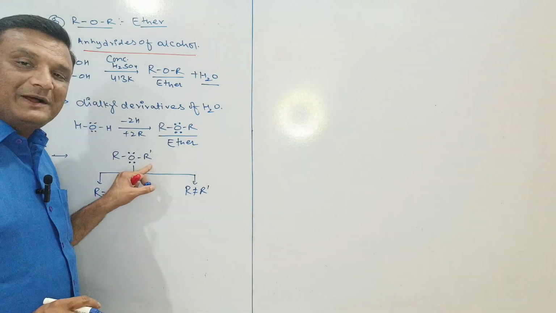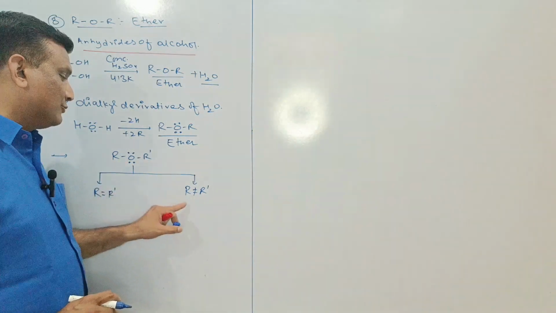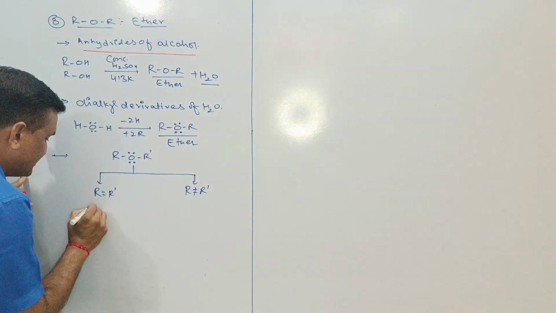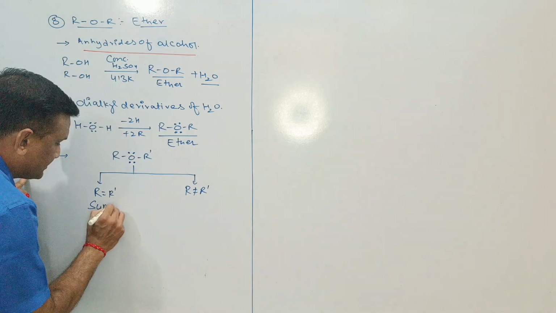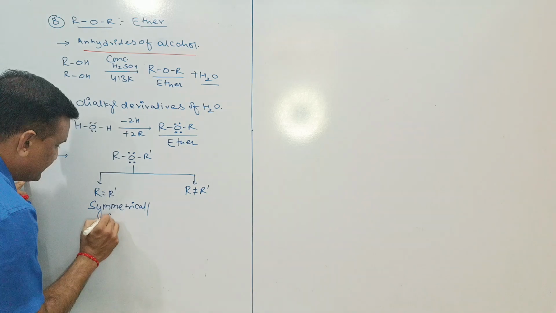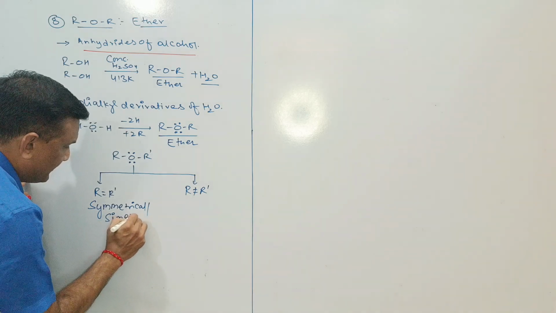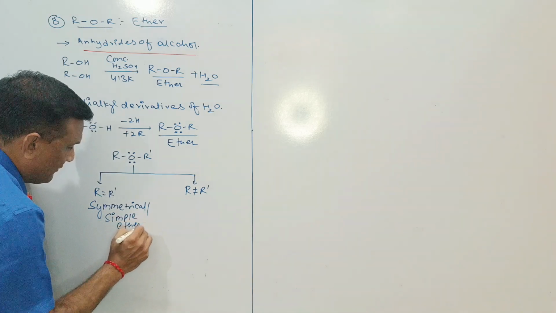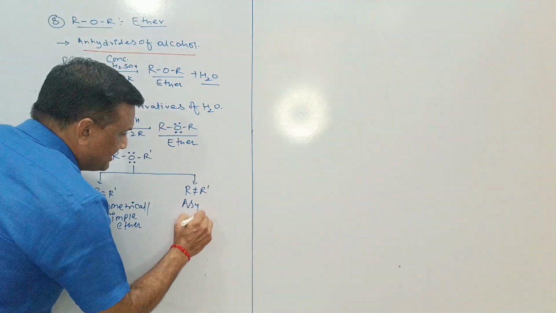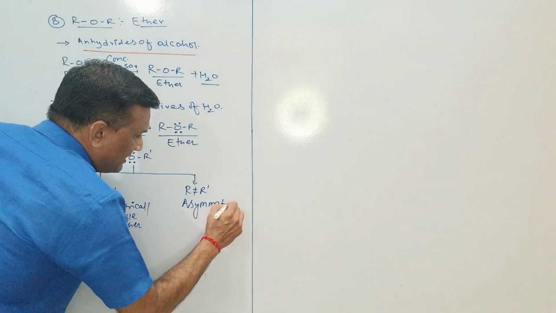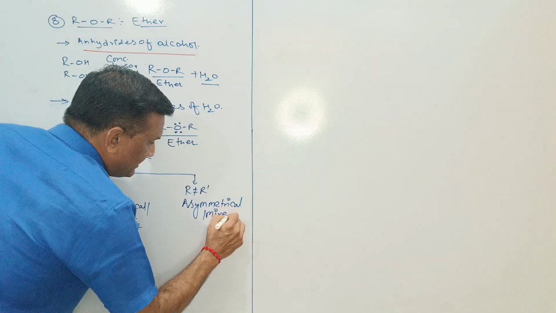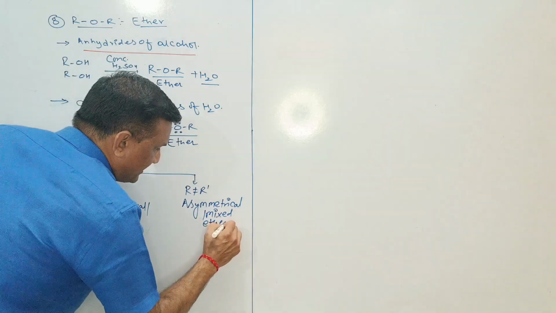If both alkyl groups are the same, then it is called a symmetrical or simple ether. And if both are different, then it is called an asymmetrical or mixed ether. These are the two types of ether.